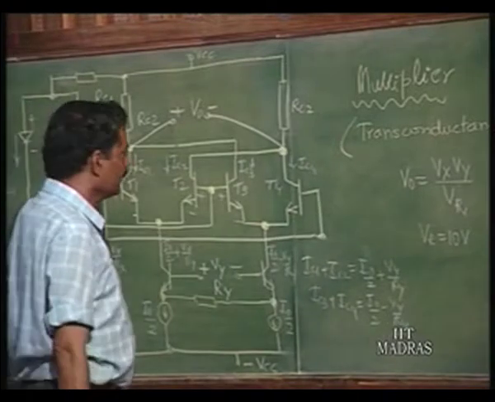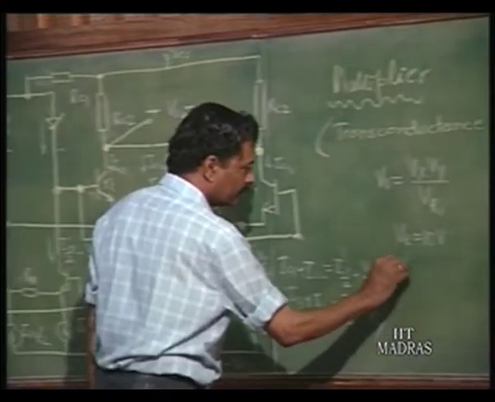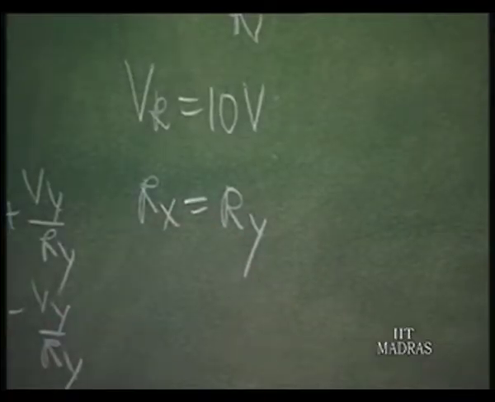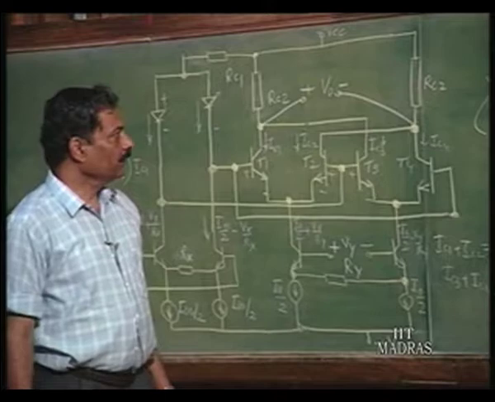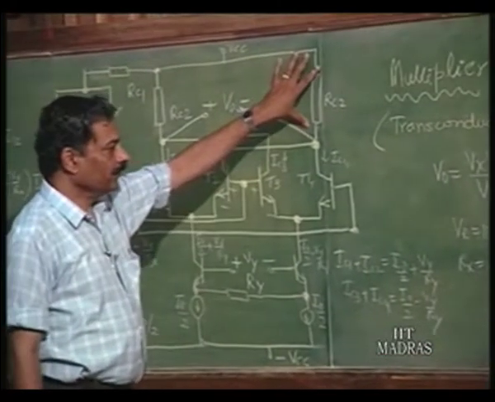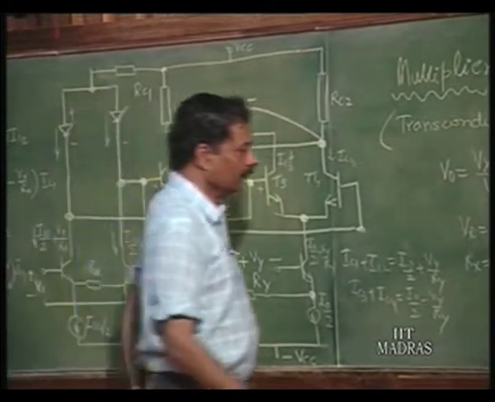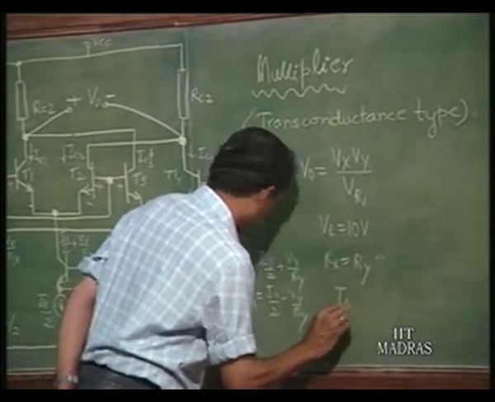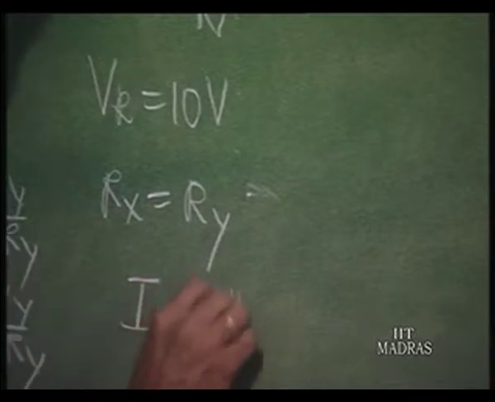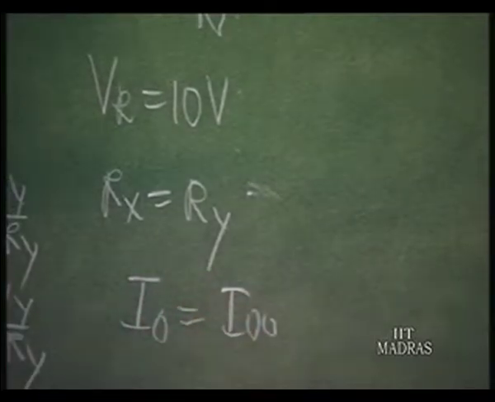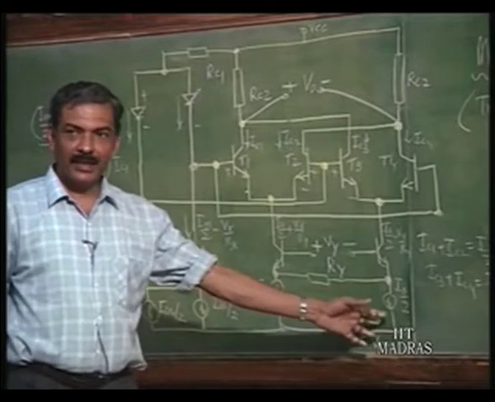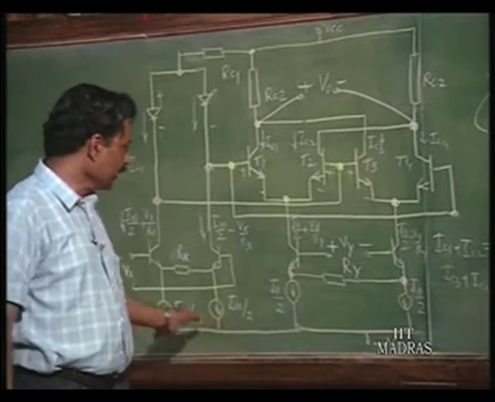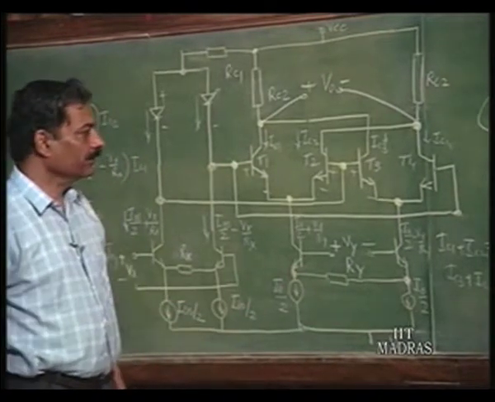Rx can be made equal to Ry, and I naught can be made equal to I naught naught, so that all these current sources can be derived out of the same current mirror principle.